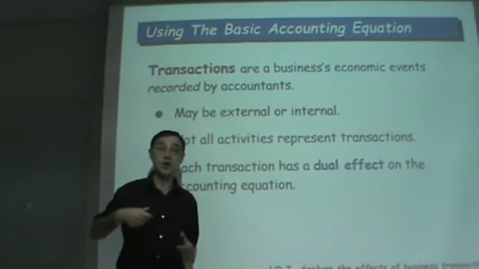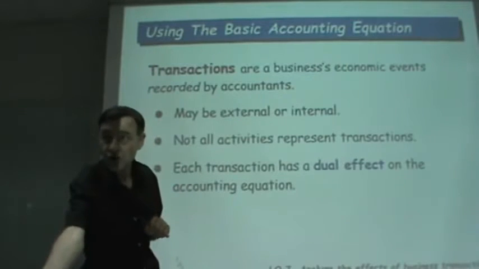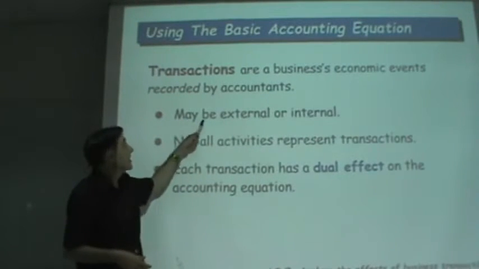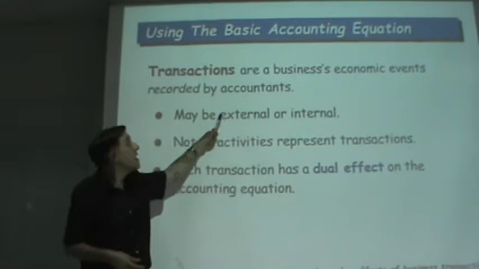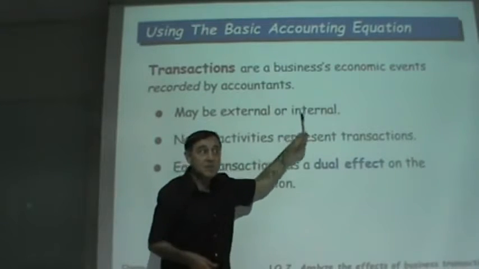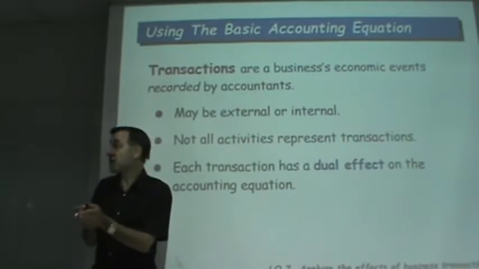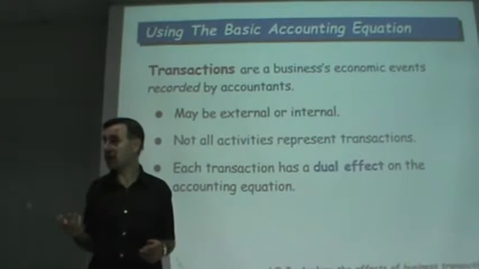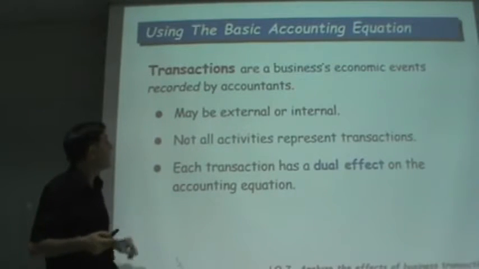Now, a transaction goes two ways. You deliver the lunch, he pays you 50. That's an example of a service. But it could be internal. Internal is when at the end of the month you have to pay salary to the employee. That's an internal transaction.